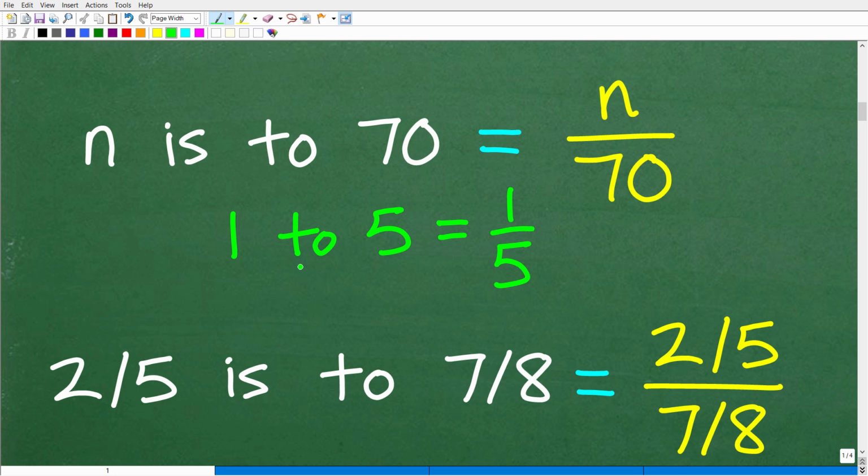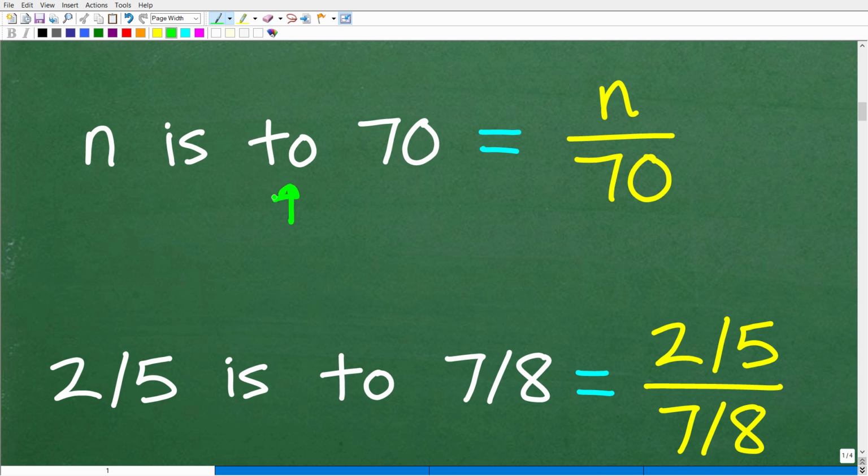There is another notation that you need to be familiar with, and that is a colon, so 1 is to 5 can be written 1:5. These are different ways we can write a ratio, and of course, we can also write it as a fraction, 1 over 5. Okay, that's a basic example, but what we need to do is translate this situation.